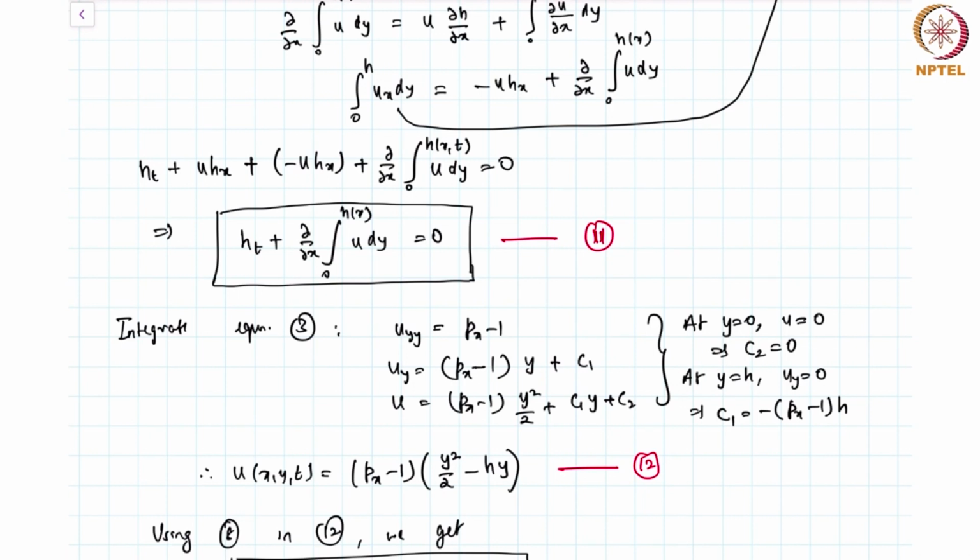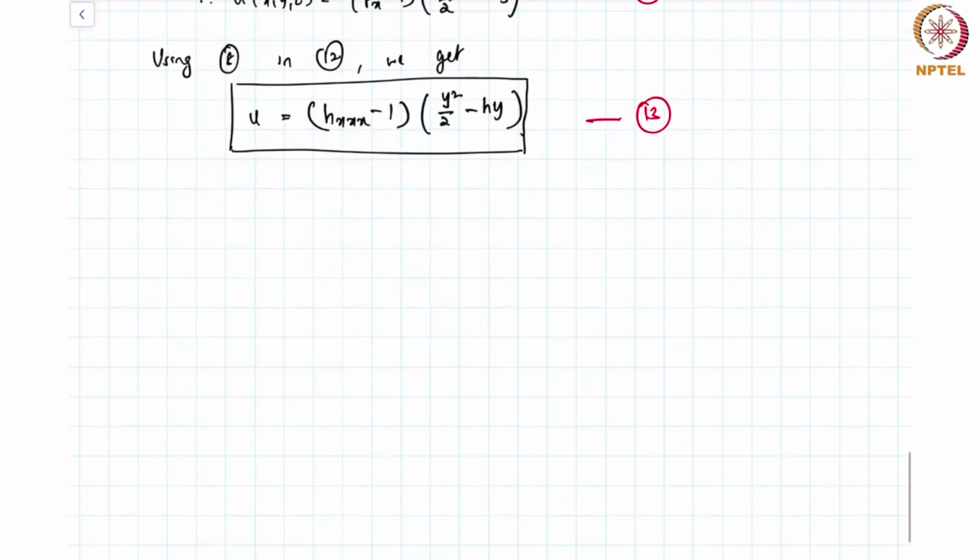So interface locally going up means locally creating a bulge, and the fluid has to move horizontally, in fact, along the x direction. That's why we have a relationship between the variations in the height and the variations of the x component of the velocity. That was our equation number 11.